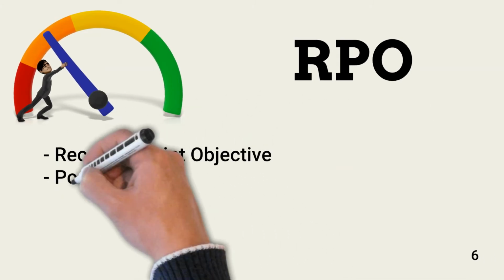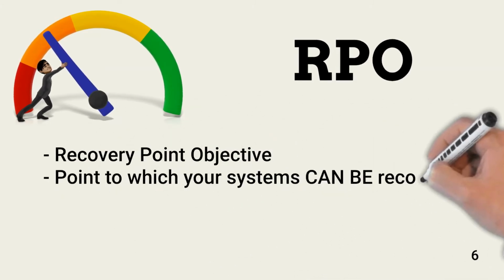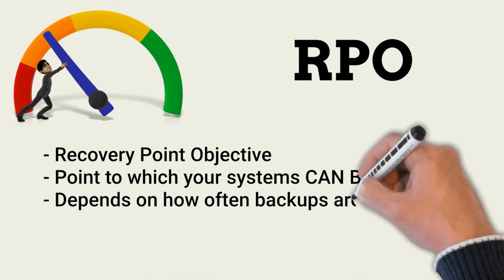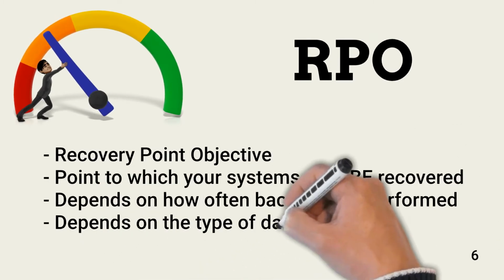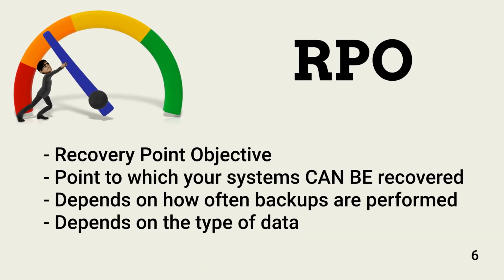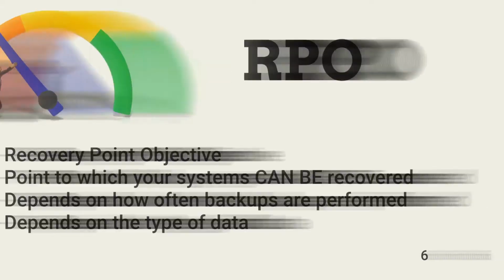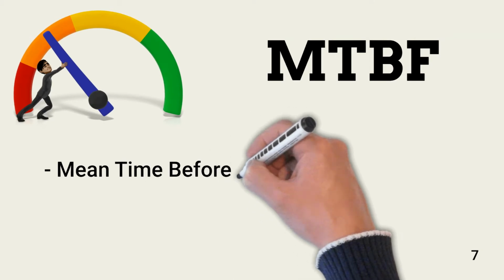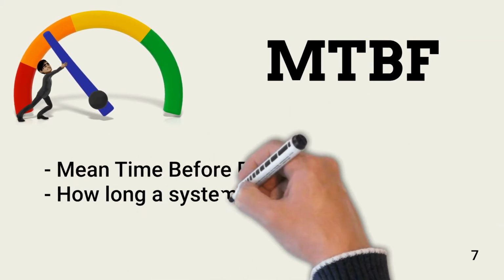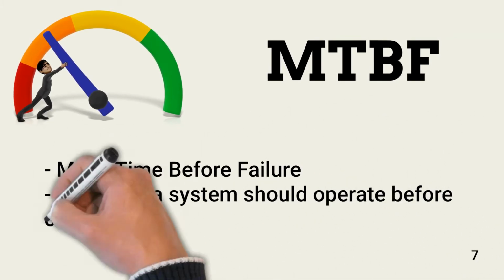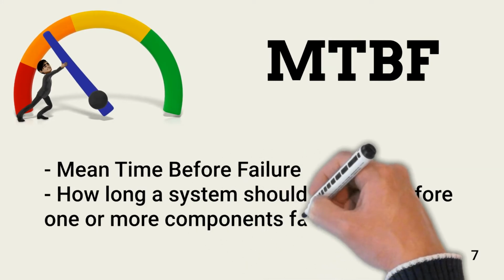The recovery point objective, or RPO, is the point to which an organization can be restored. It depends on how backups are done and how behind backups are from actual business functions. In other words, how much data is lost even after restoring a backup. Mean time before failure, or MTBF, is the length of time a system is expected to operate without a failure.